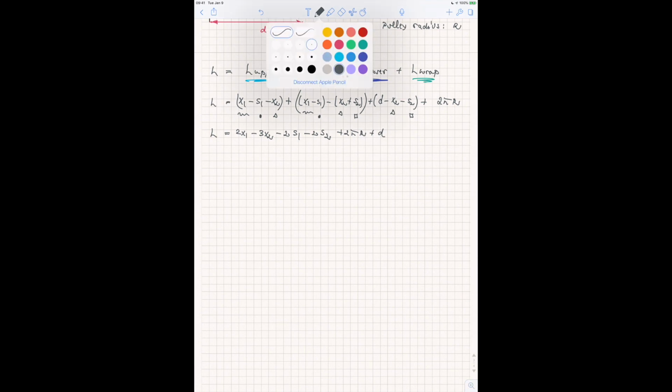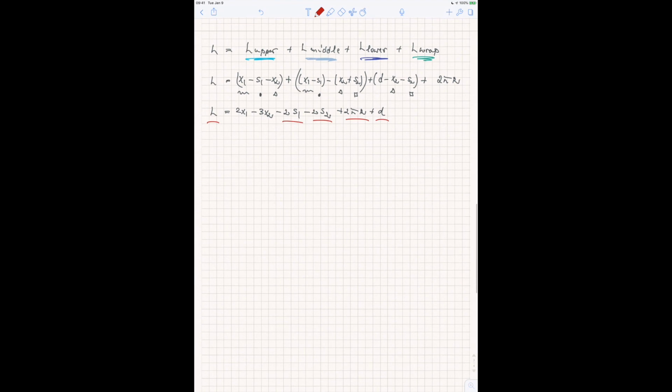Now the important thing to realize is d, 2 pi r, s2, s1, and l are all constants. But x1 and x2 depend on time. And you already see here 2x1 minus 3x2. That will give rise to a relation among the accelerations which is non-intuitive, which I mentioned to you in class.